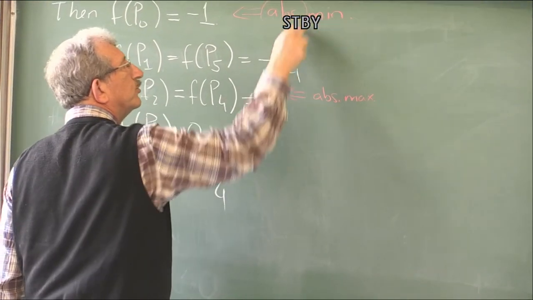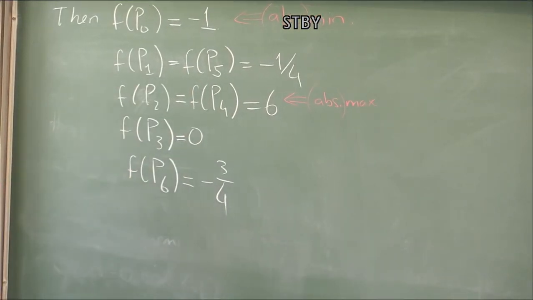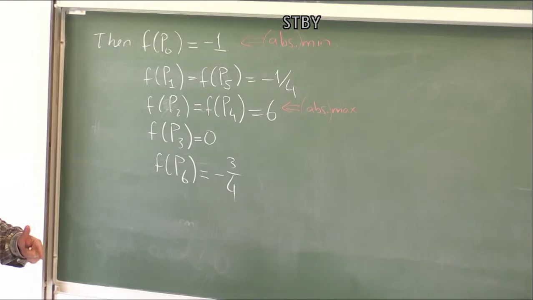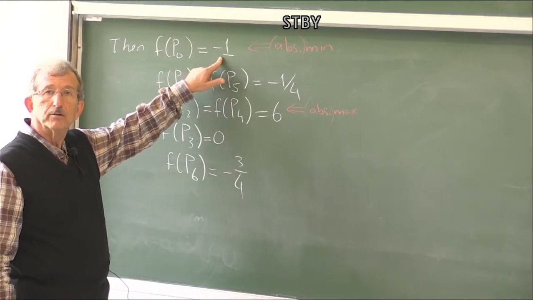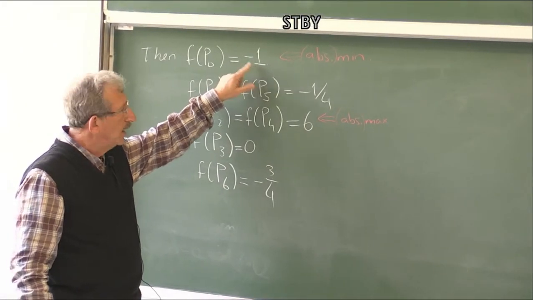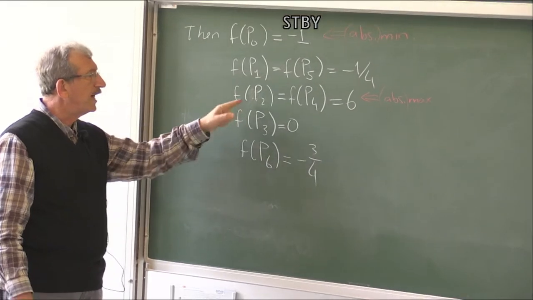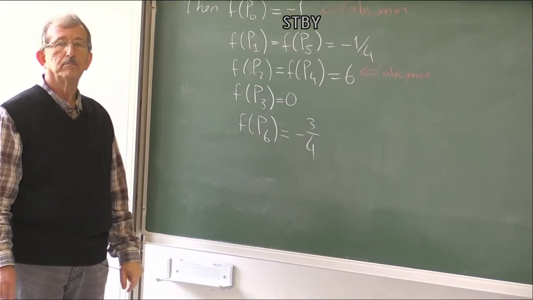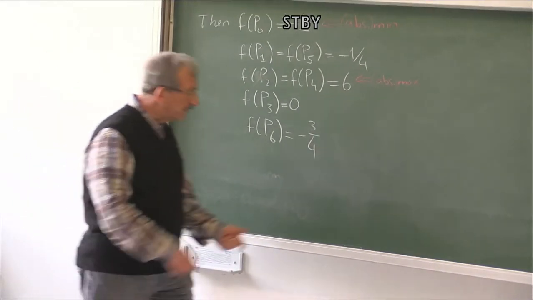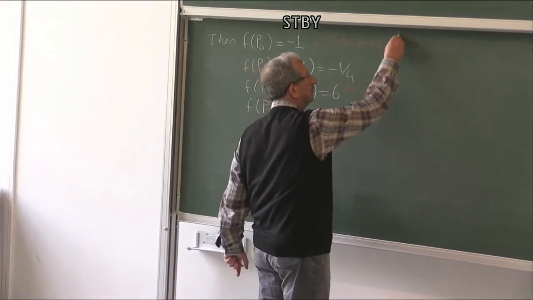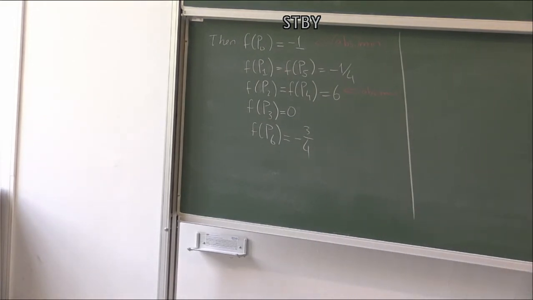We don't usually write absolute here, but it's the minimum and the maximum values of the function on D. The minimum value occurs at a critical point, at a local minimum. The maximum value occurs somewhere on the boundary at 2 points, at 2 critical points, that is. So this way, we could find the absolute minimum and absolute maximum values of our function.